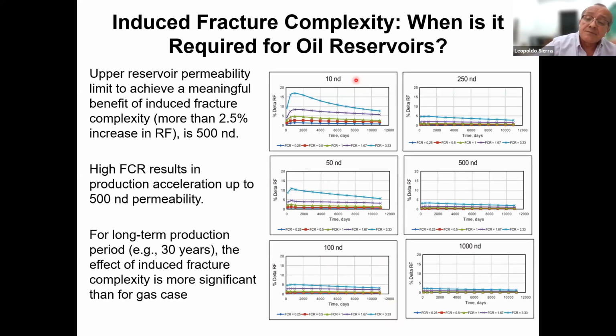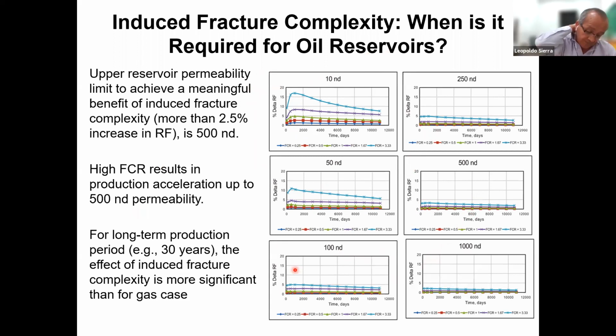If you see here, the complexity of the fractures is really important between 10 and 50 nanodarcies for liquid producers. Above that, the complexity is not really adding too much.